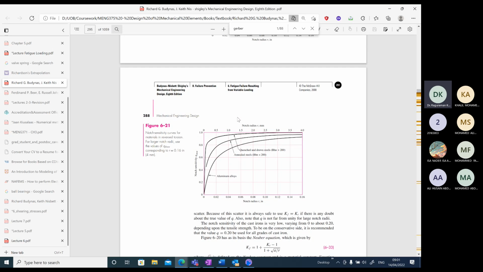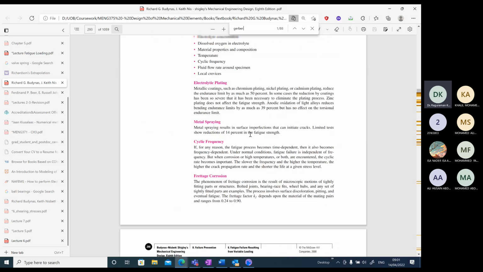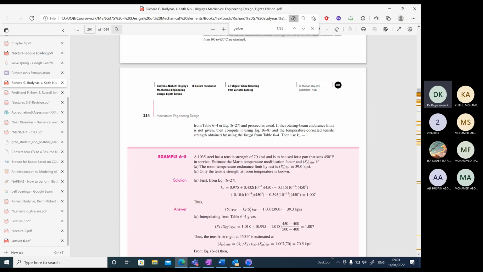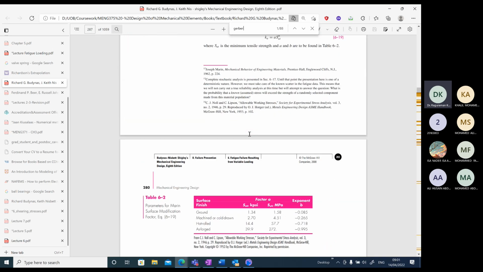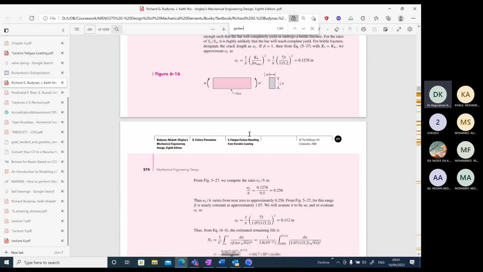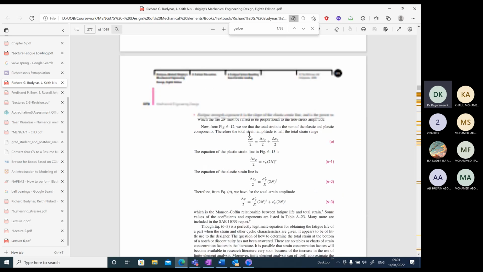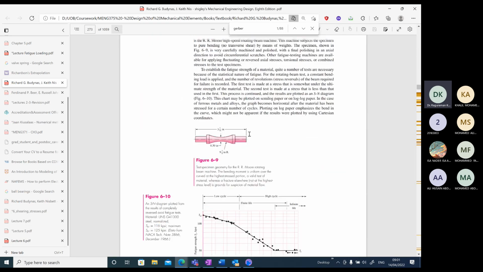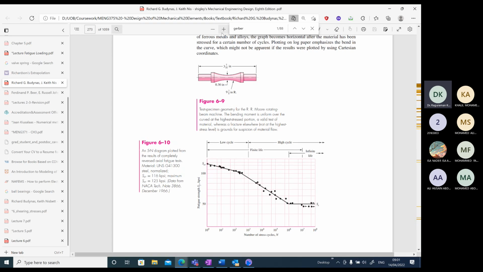Just one second, hold on until I get my SN diagram from the experiments. Looks like it is behind here.